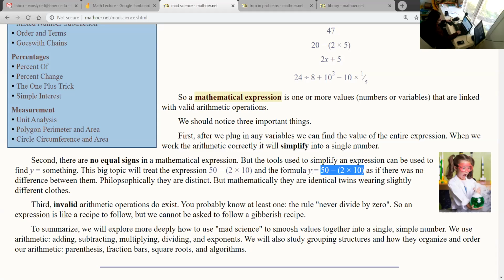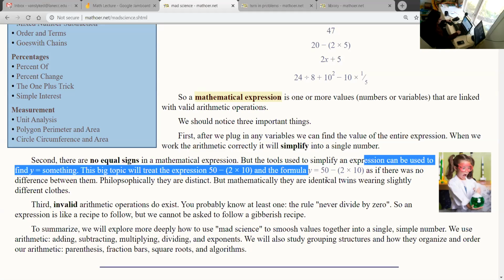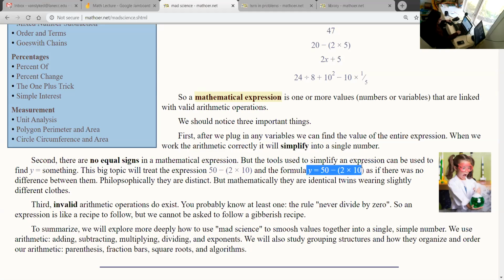It's almost like the y equal is just an instruction saying simplify all of this stuff. So we're never going to worry about, can I do the same thing to both sides of the equation? We're not. We're just simplifying the stuff that y is equal to. So we can have an equation where we only care about one side, and we'll still treat that as mad science because we're just simplifying the expression on the complicated side of the equals.